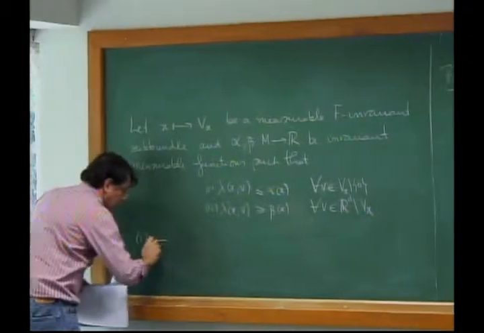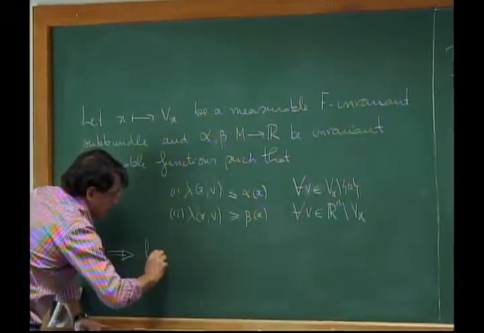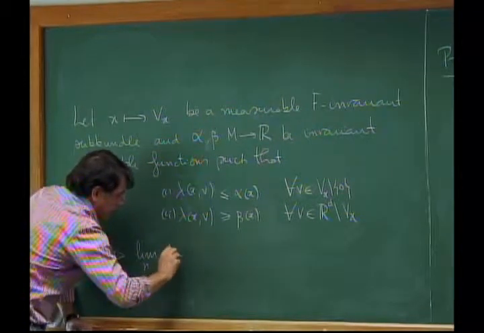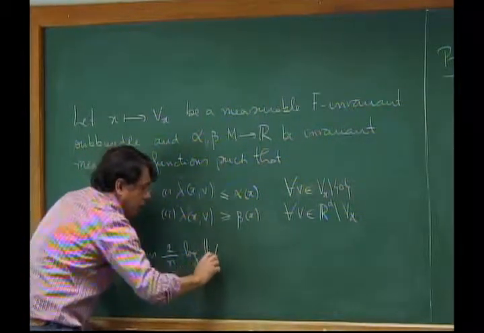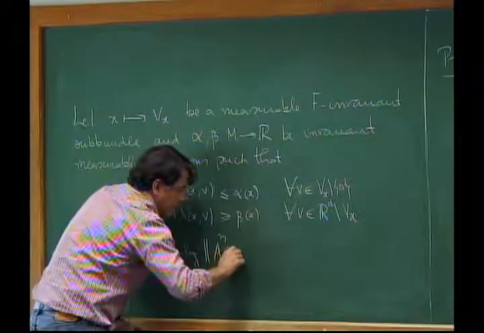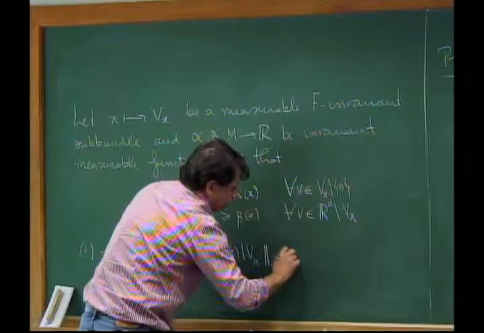This condition here implies that the limit of 1 over n log the norm is less or equal than alpha of x.